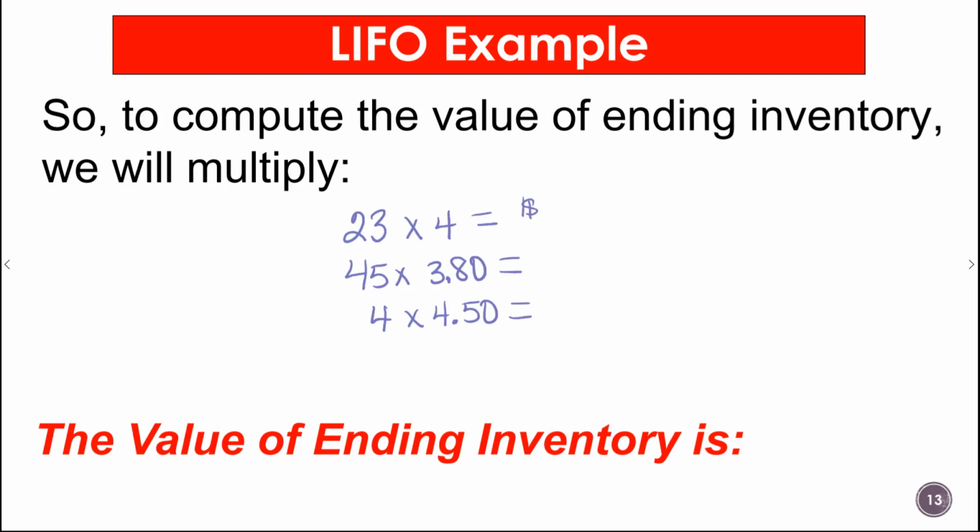Calculating each one of those, I get 92, 171, and 18. I got ahead of myself there, I wrote the actual total. When I add up my hammers, I get 72, and my total was $281. So that is the value of ending inventory.